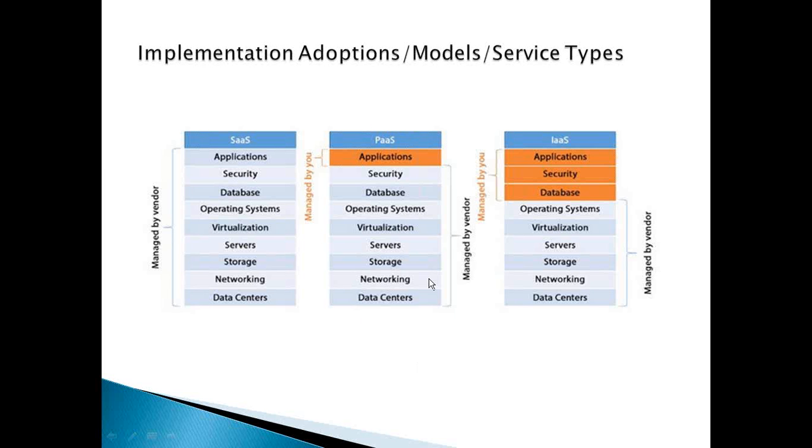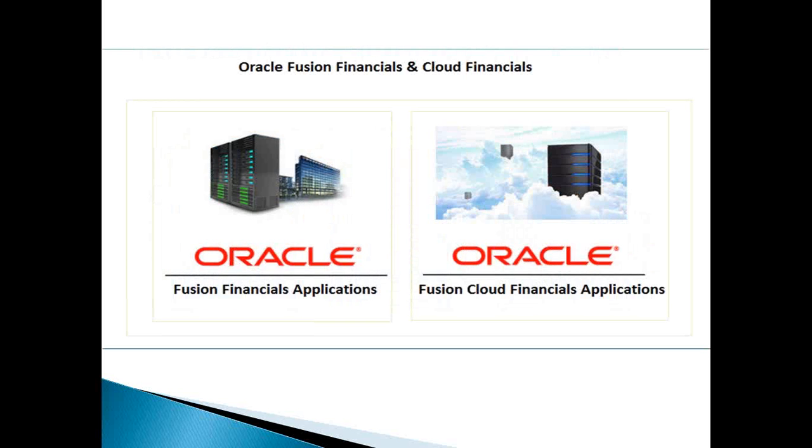In that case, they'll go with PaaS, or IaaS also, it can be anything. If they think from a security and database point of view that they should have full control, then definitely they'll go with IaaS. Any questions on this? Okay, seems no. I'll move to the next topic.